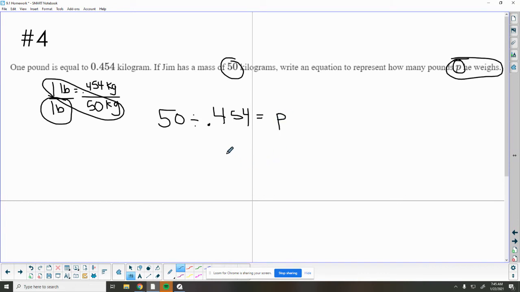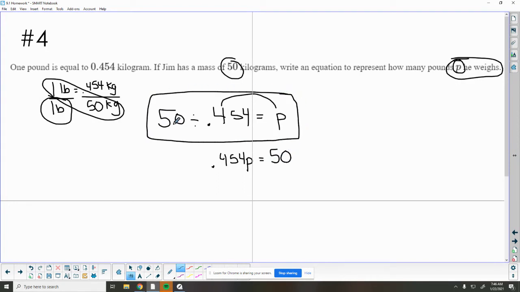The other thing we could do is we could work backwards, and the opposite of divide is to multiply. So I could take 0.454 times the pounds, and that would equal 50. So I would say if I was actually solving this equation, that this one is easier to do because P's already by itself.